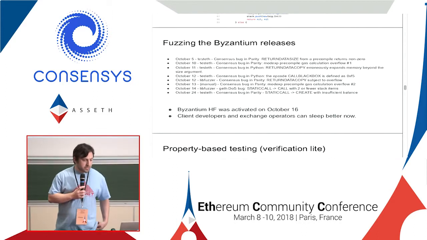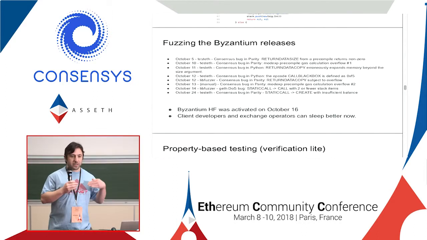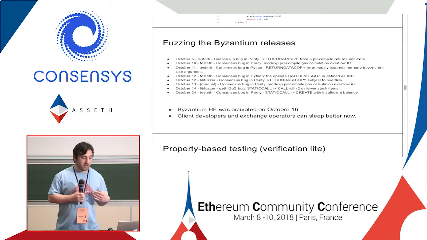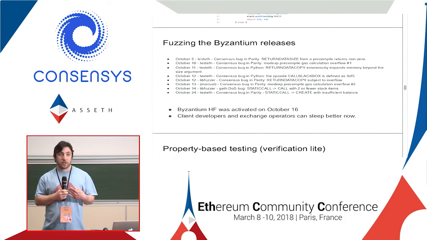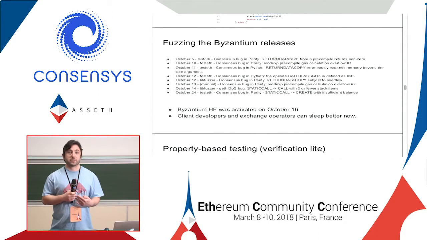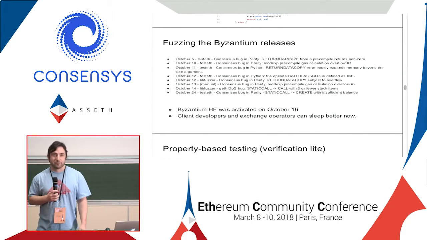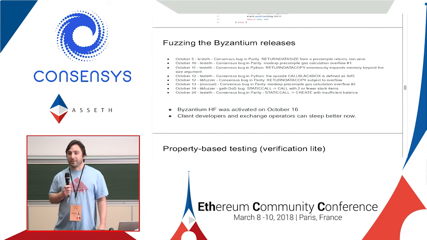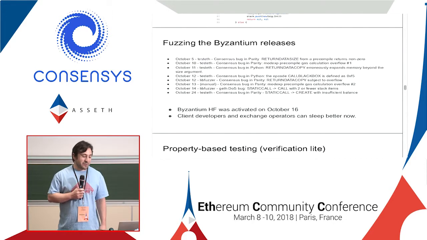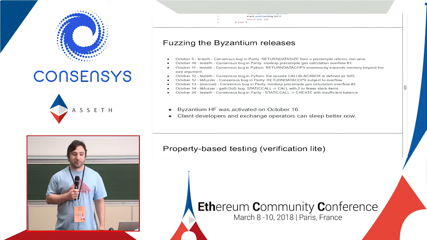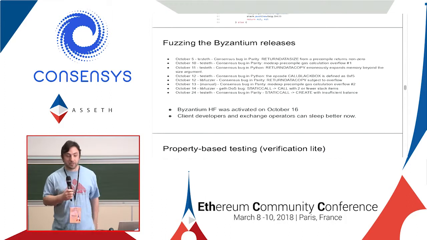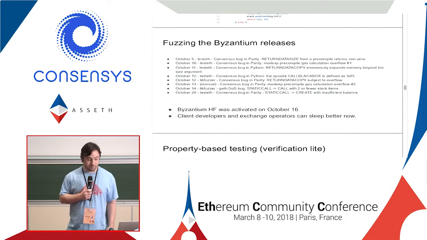So one thing I did with the fuzz testing was get all the traces aligned from each different client, and it was a lot of work, and I was afraid it was going to be a waste of time, because some estimates were, how much would you bet that there's going to be a consensus bug in Byzantium after it's released, or even before it's released, as we were leading up to it? Some estimates were like maybe a 30% chance that there's a consensus bug.